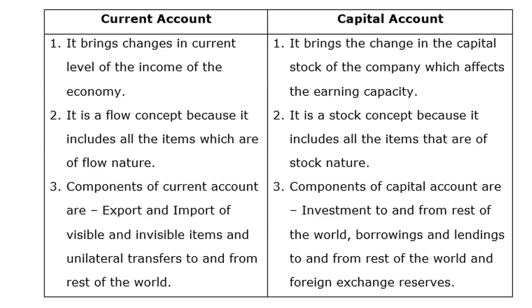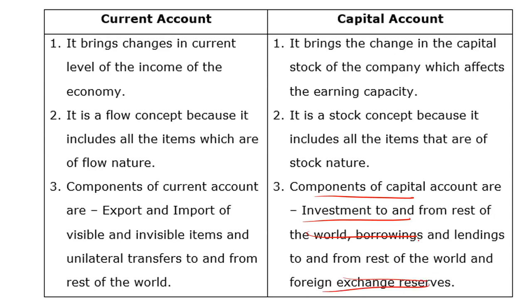Then point 3 comes: components of current account are export and import of visible and invisible items, and unilateral transfers to and from the rest of the world. And the components of capital account will be investment to and from the rest of the world, whatever investment made to the world and from the world, savings and lendings to and from the rest of the world, and foreign exchange reserve.